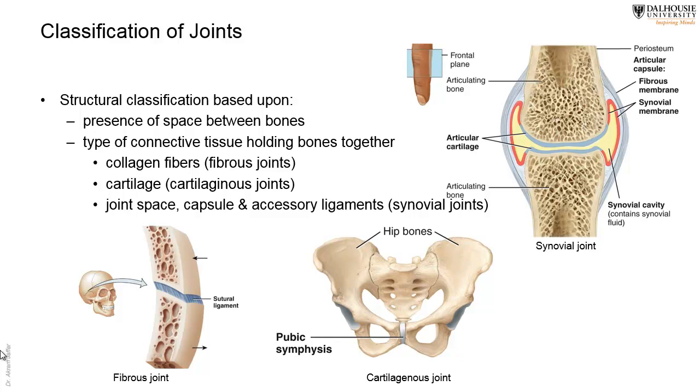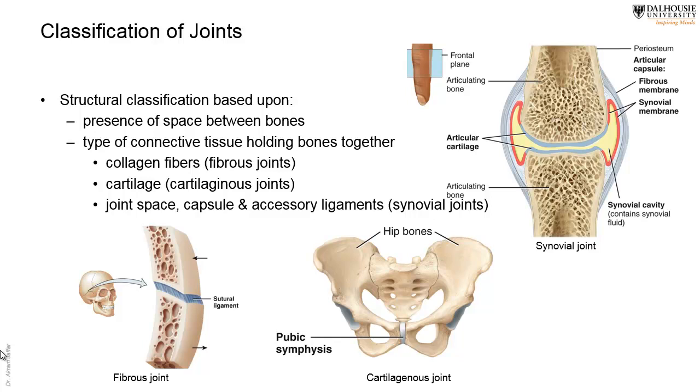You can see the space in yellow, and there are cartilages on the articulating bones, and the area of articulation is surrounded by a capsule, a fibrous tissue capsule, and strengthened by ligaments. So these are the features of a synovial joint that unite the two bones together.